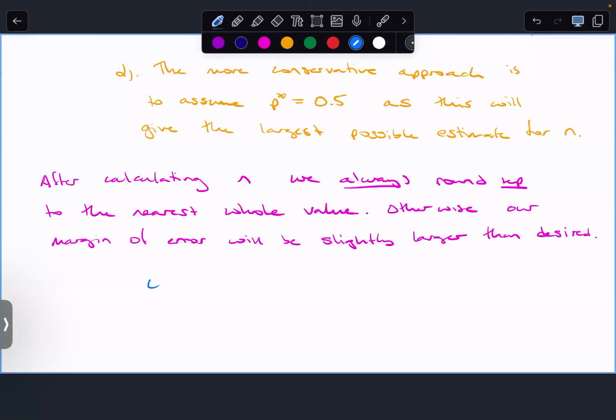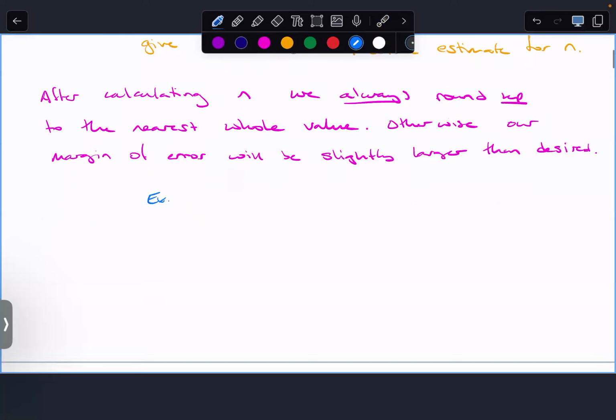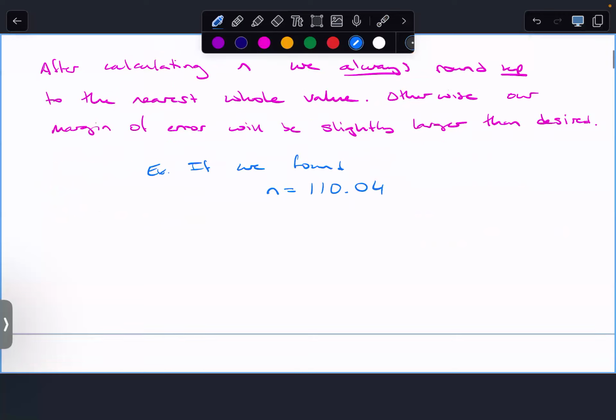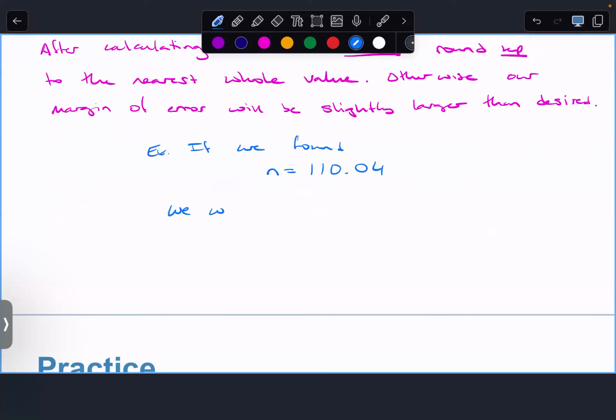But it will matter because your n, you can't collect 0.04 of a person, right? So as an example, if we found n is 110.04, we would need to sample n equal to 111 people, because I can't sample 0.04 of a person, right?